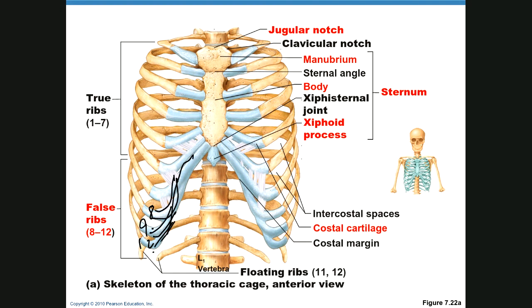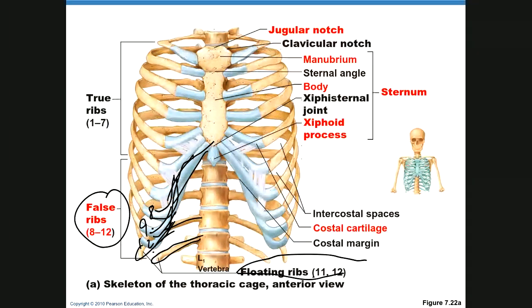Okay, so it's an indirect connection. They're called false ribs. And then we have 2 ribs that are not attached to the sternum at all, and those are called floating ribs, and those are 11 and 12. So again, we're going to have 7 true ribs, 3 false ribs, and 2 floating ribs.